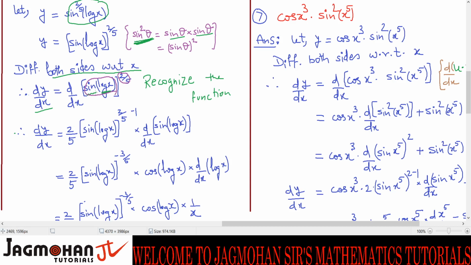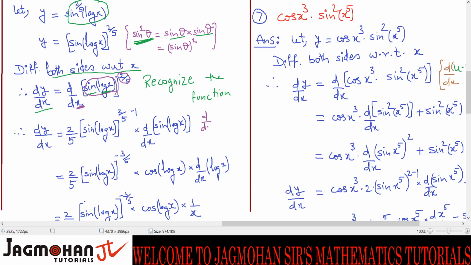So variable raised to constant, but the variable is not x. You are differentiating with respect to x, but is this x raised to 2 upon 5? No. It is f of x raised to 2 upon 5. So if I ask you what is d by dx of x raised to n, you know d by dx of x raised to n is n into x raised to n minus 1.